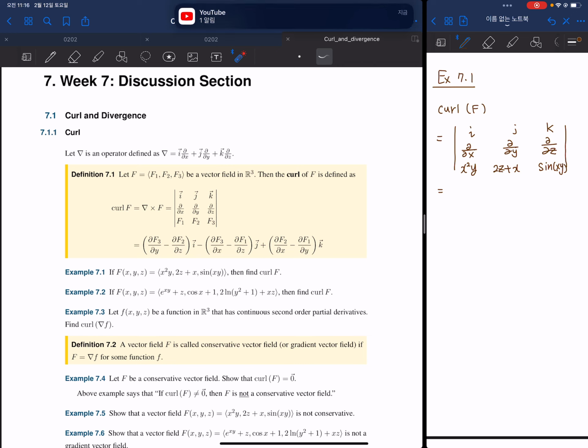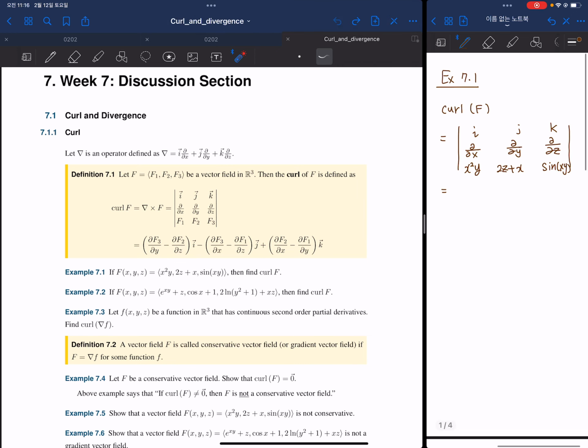So you can say the first coordinate is just using this one. First coordinate is ddy of sine xy, and then minus ddz of 2z plus x.